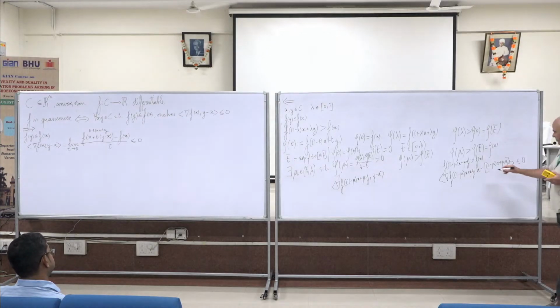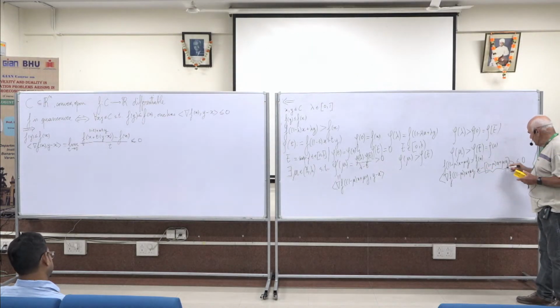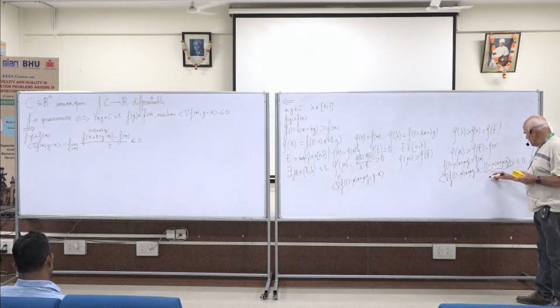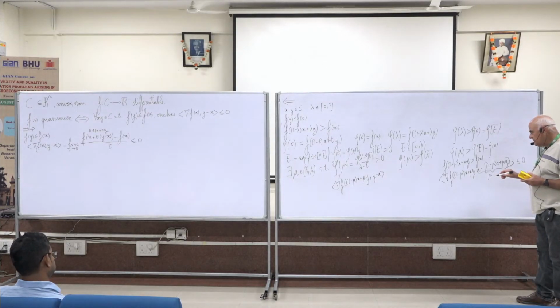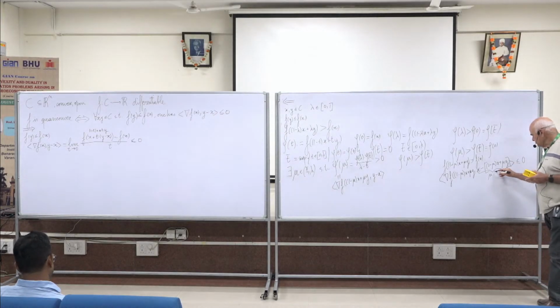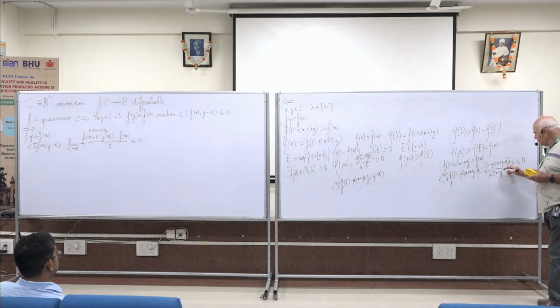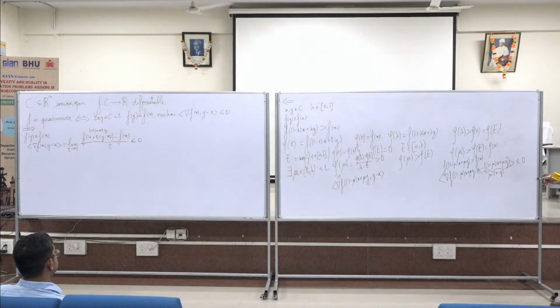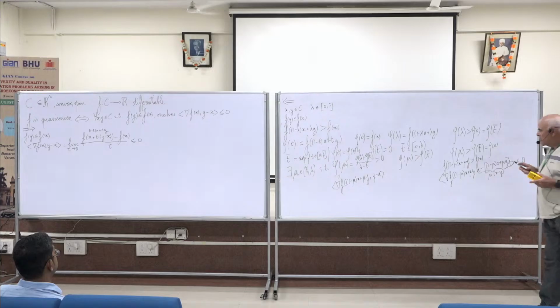But now you compute this difference. This is mu. I think there is a mistake with the signs. No, no mistake. Mu x minus y, or there is some. Okay.